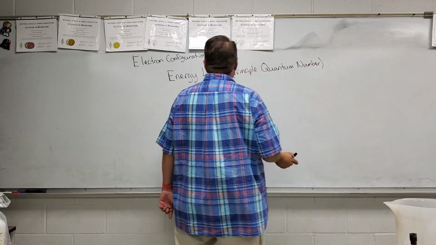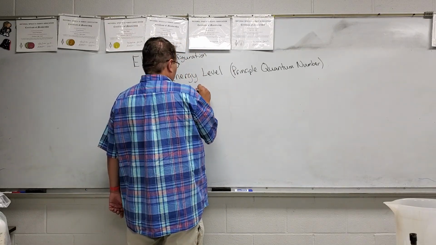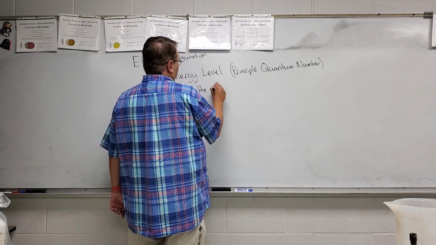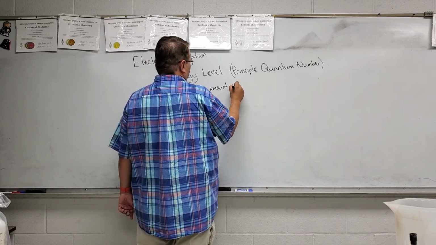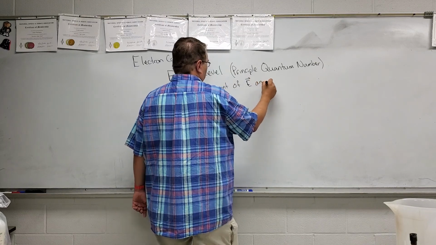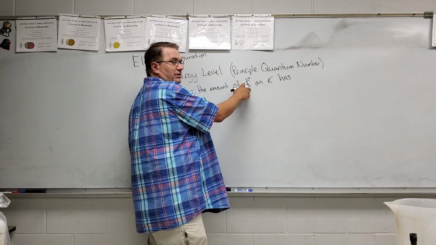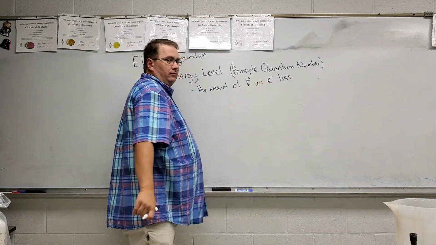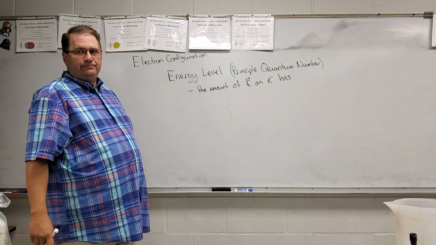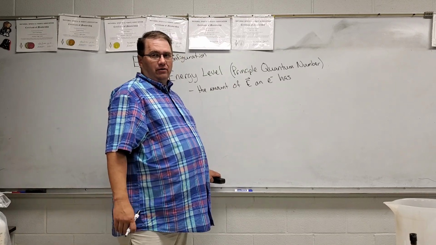It's basically how much energy an electron has. Know that the big E means energy and the little e means electron.